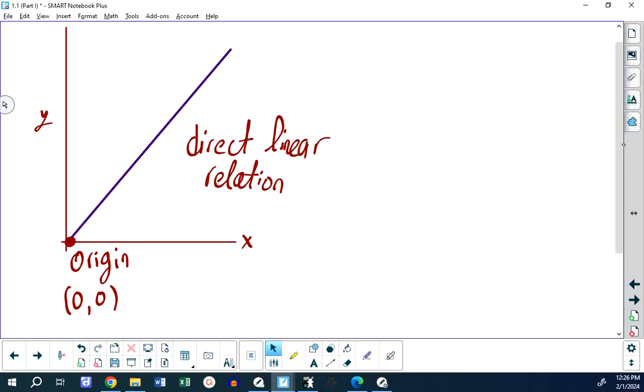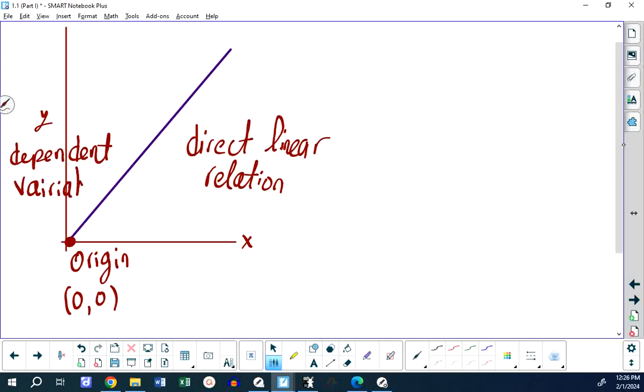Is the dependent variable the y? It is. The dependent variable is the y. So this is always the dependent variable. And this is always the independent variable. And I'm going to explain to you again how we know which is which. We'll look at a couple of examples, but this is the independent.